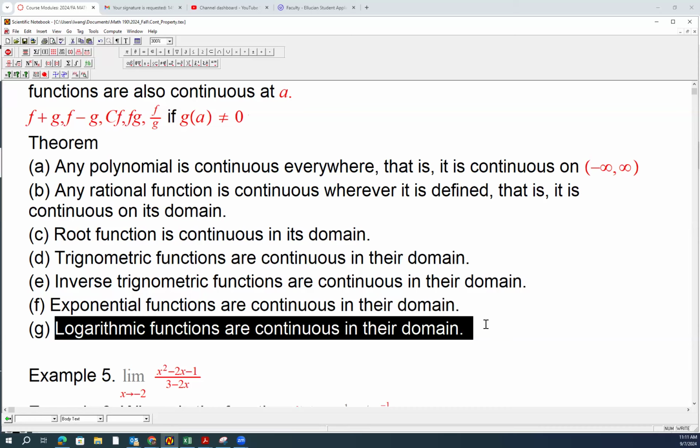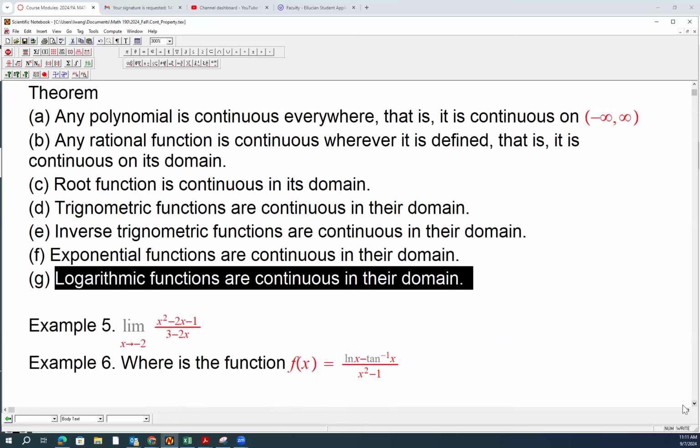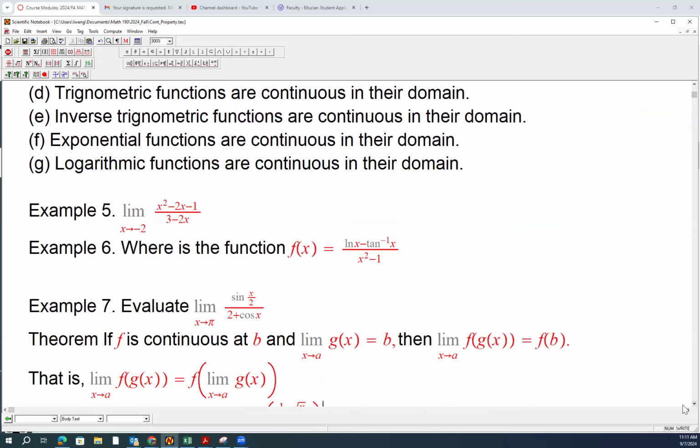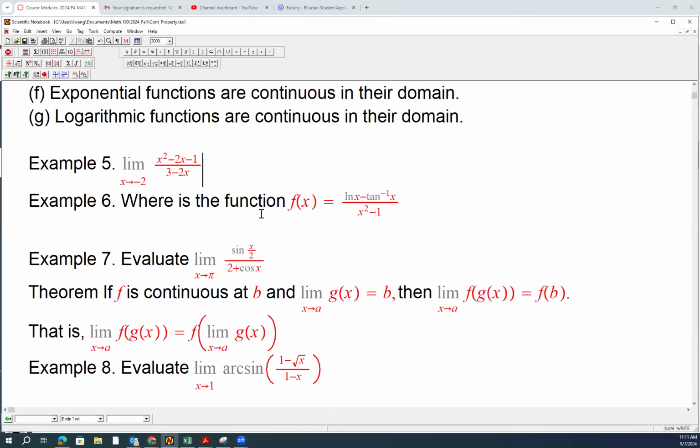So all of these are very nice properties. All we have to do is know the domain of all of these functions, and when we are looking for the limit, it's just direct substitution. Nice to know.